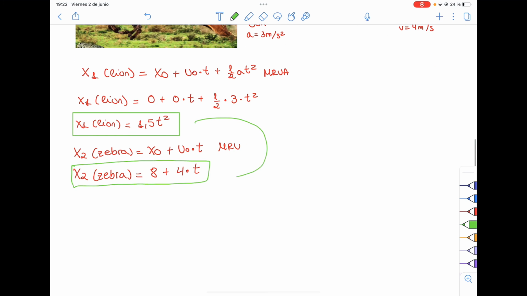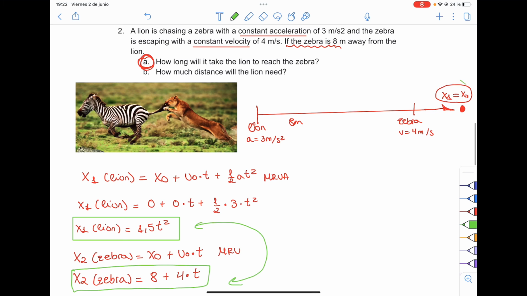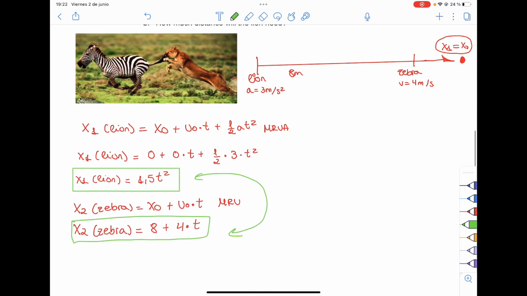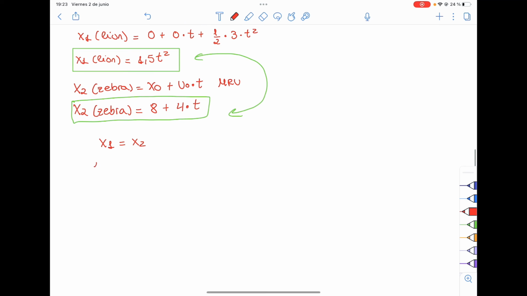So with these two formulas, if I know that they are the same, as we said before, x1 and x2 are the same. Why? Because when the lion finally catches the zebra, they're going to be in the same position. So I can place these two formulas together since we know that x1 and x2 are the same. And I can say that 1.5 t squared is going to be 8 plus 4t.